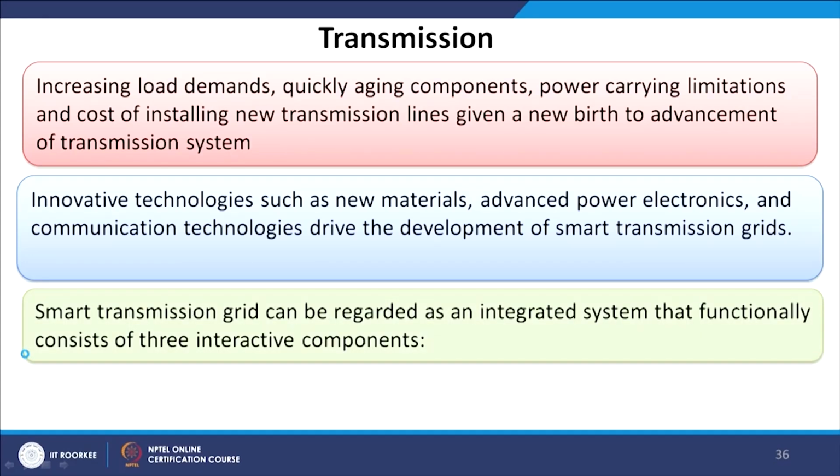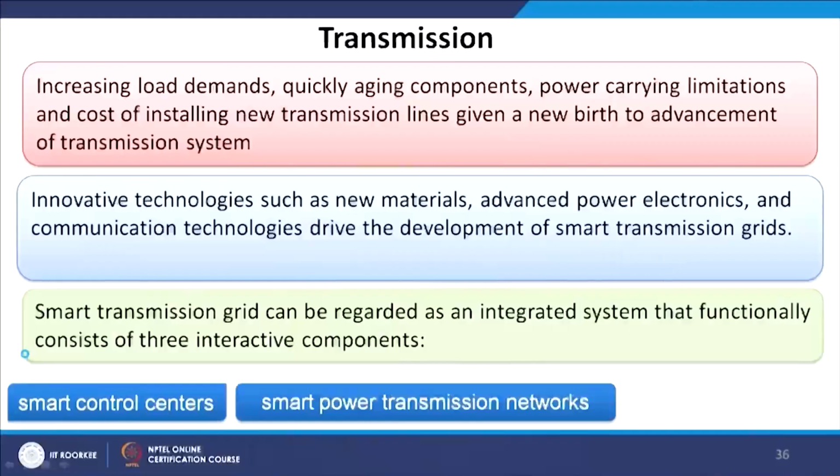According to us, a smart transmission grid can be regarded as an integrated system that functionally consists of three interactive components, and let us see what those three components are that make my transmission system smarter: smart control centers, smart power transmission networks, and finally smart substations.